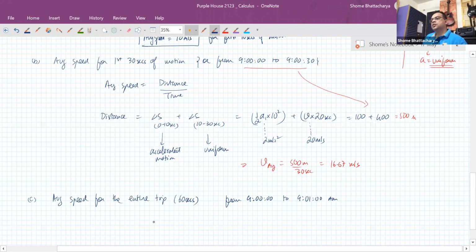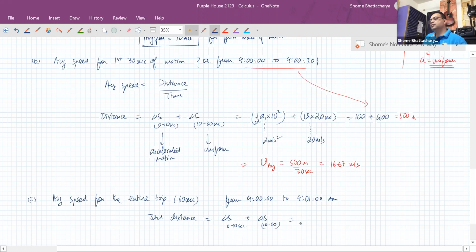Okay, let's say this. So this is the total distance. So that will be the distance traveled from 0 to 10 seconds plus the distance traveled now for the next 50 seconds. So 10 to 60.